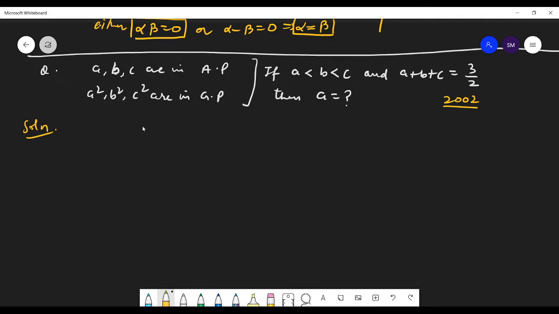There were no mains and advanced system at that point of time. Even the last question was also 2005, so there was no mains, it was a JEE question. There was only one exam at that point of time.